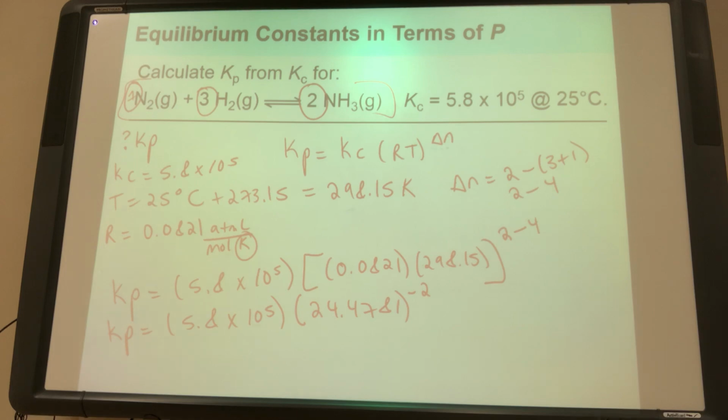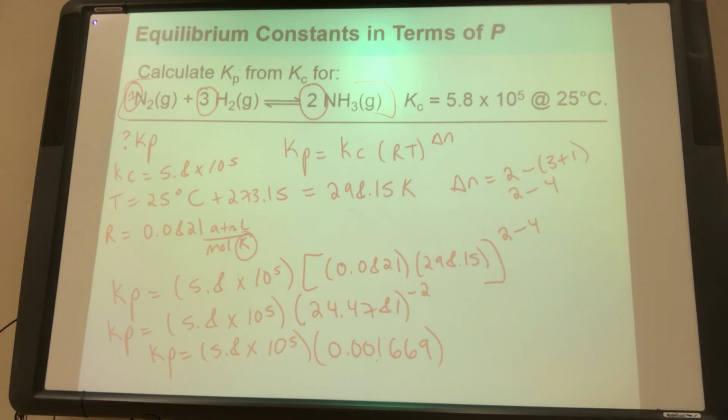This delta N only goes to RT. So make sure that this number is only going to be the power of your R times your T, not this. So now let's simplify that part. So 24.4781 to the negative 2 is 0.001669.